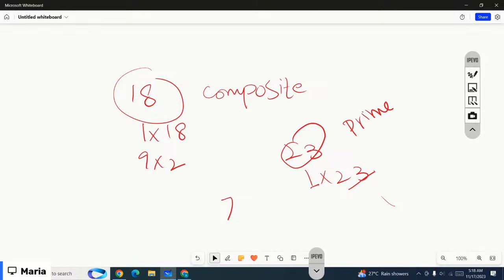Is it prime or composite? 7 is a composite number. How? Explain. How is 7 composite?